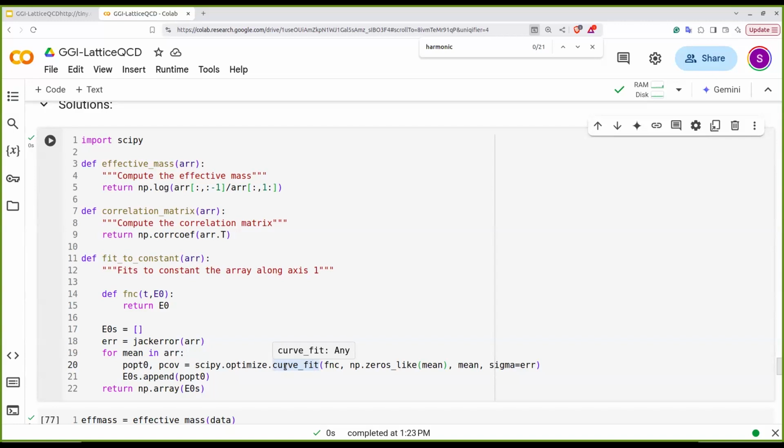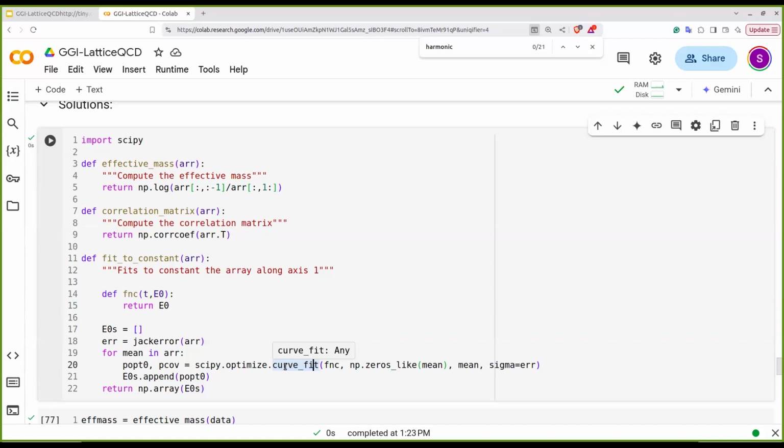Regardless of this, in this case we do not want to use the covariance matrix of the fit parameters. That is information on the error, but we can just simply use jackknife over and over. So instead of doing a fit over the data and computing the covariance matrix, we just fit the data to a constant for every jackknife sample.